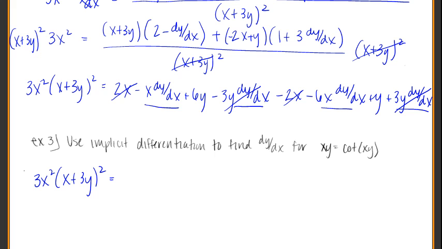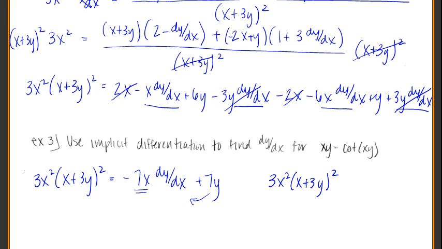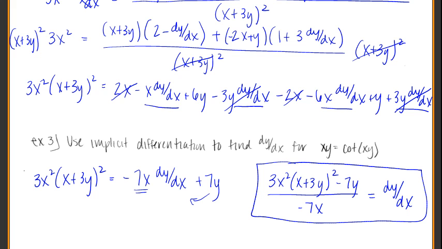We have a negative x dy/dx and a negative 6 of them, so a negative 7x dy/dx, and 6y plus y is plus 7y. Let's move that term over, divide off that front, and we can get our answer. So 3x squared times (x plus 3y) squared minus 7y, all over negative 7x, is equal to dy/dx. Box that up, and then we're ready to start plugging in values.